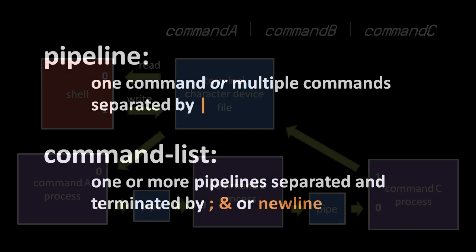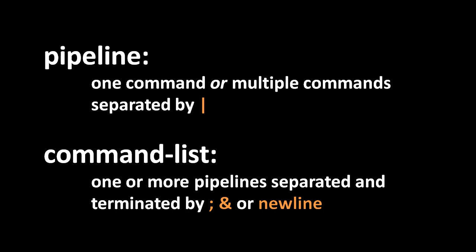So moving forward, we need to be clear on terminology. What in the shell we call a pipeline refers either to just a single process executed on its own, or to multiple commands separated by the pipe character and therefore executed in tandem connected by pipes. What we call a command list is one or more pipelines separated and terminated by the semicolon character, ampersand characters, and or the new line character.